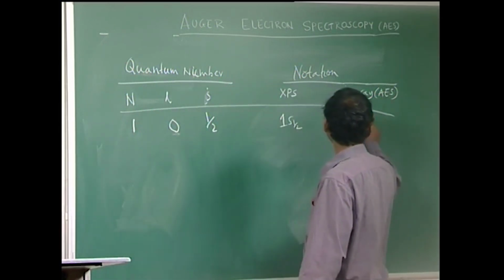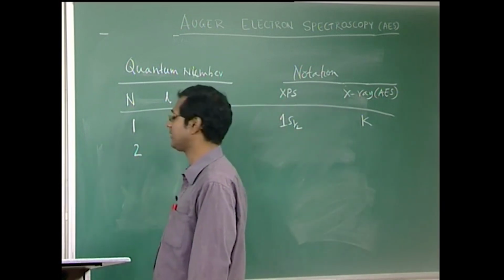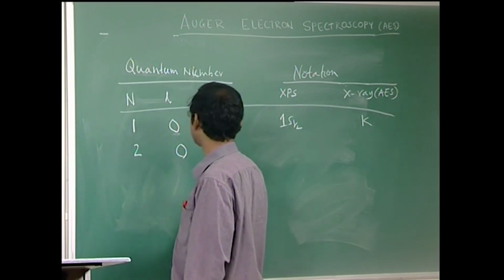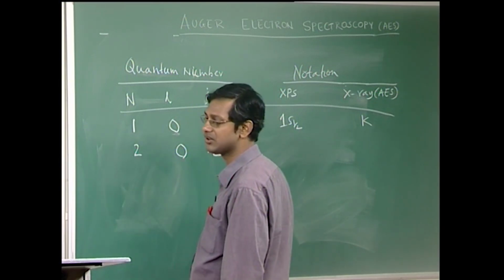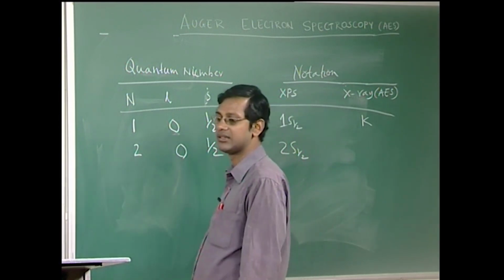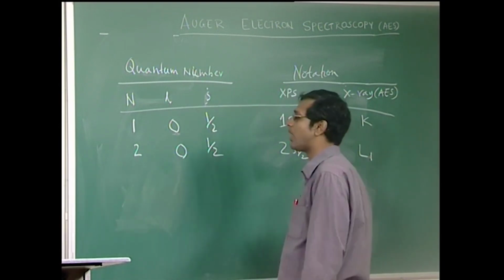In X-ray we use this as K. If n is 2, l becomes 0 and this becomes 1/2. In XPS we use 2s 1/2, and this corresponds in X-ray to L1.